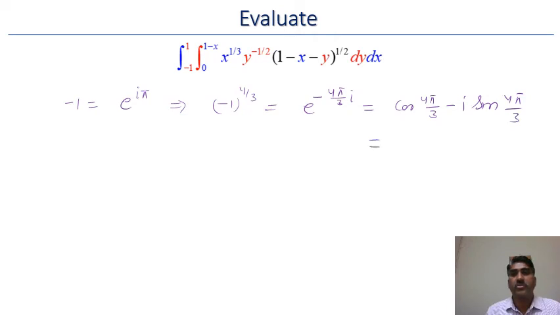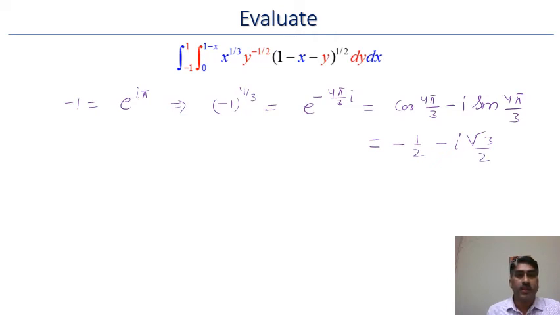So you know the values of cos and sine. You can put these values, and we get minus 1 by 2 minus I root 3 by 2.